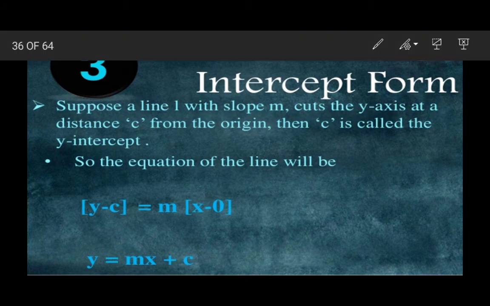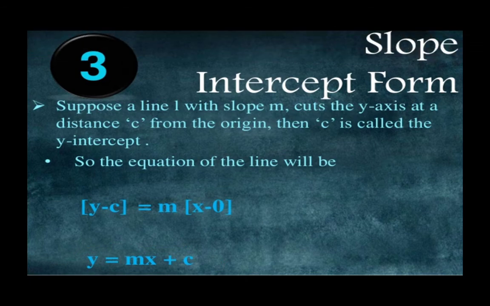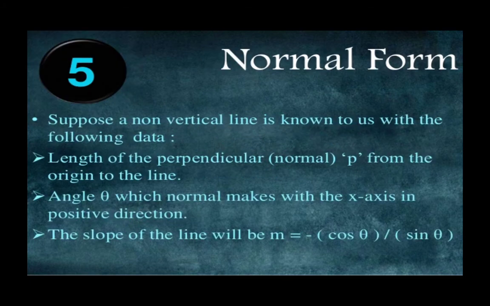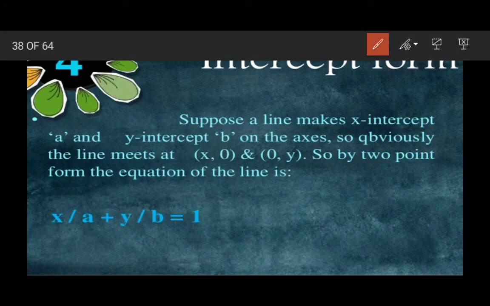Okay. Then next is intercept form. Intercept form means x-intercept is given. Suppose x-intercept is a and y-intercept is b.